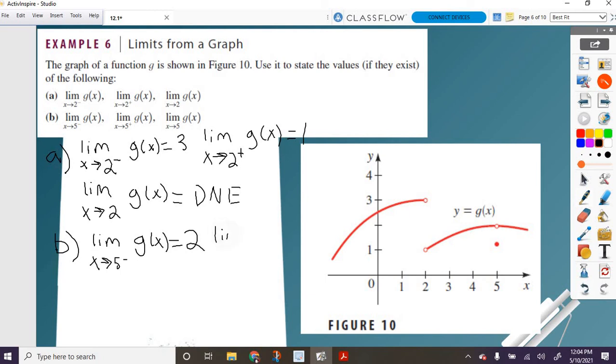Okay, if I approached it from the right-hand side, what does that equal? Approaching 5 from the right-hand side, what does it equal? It also equals 2. So what is my overall limit as x approaches 5 of g of x equal? Two. Are we all okay with that?